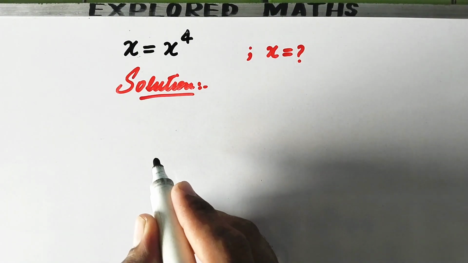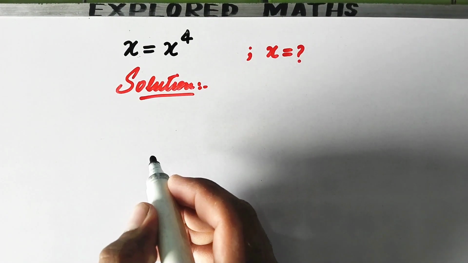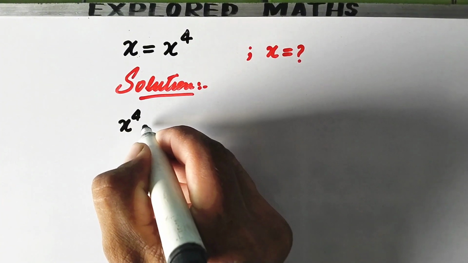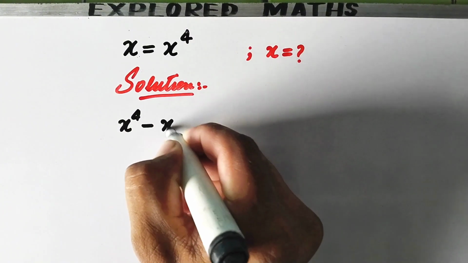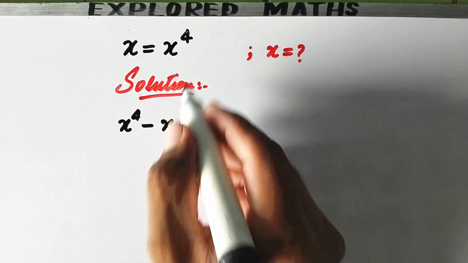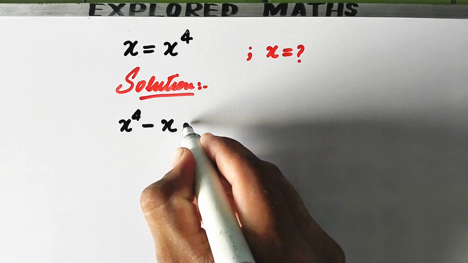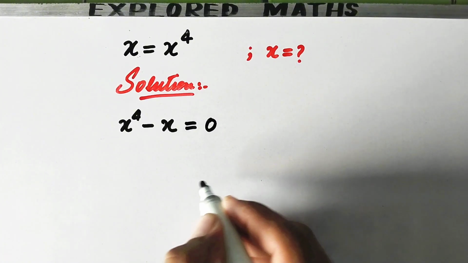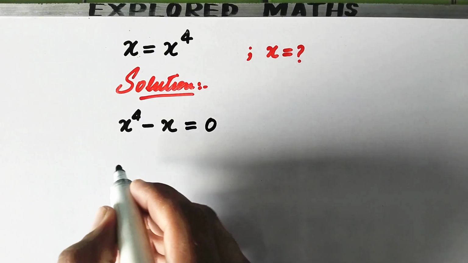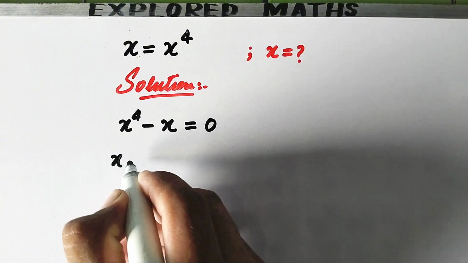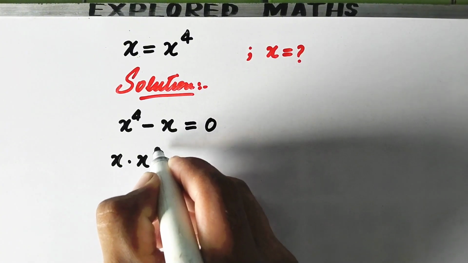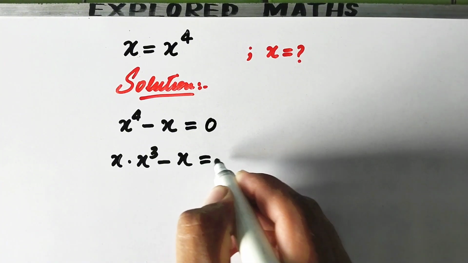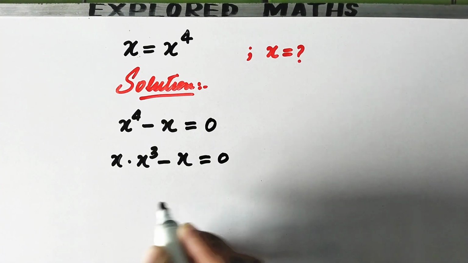So here in the first step we will write this equation in this way: x to power 4 minus x, taking x to the right hand side, here will be minus x equals 0, and now this x to power 4 can be written as x times x cube minus x equal to 0.